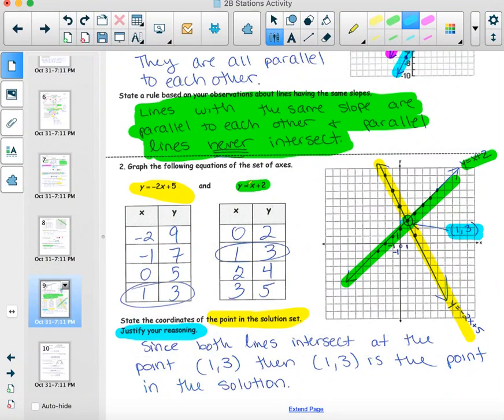Notice here, when I graphed y equals x plus 2, there's a point. When I graphed y equals negative 2x plus 5, there it is again, 1, 3. There's my intersection point. They both share this in their solution set. Okay, so my solution set includes 1, 3.